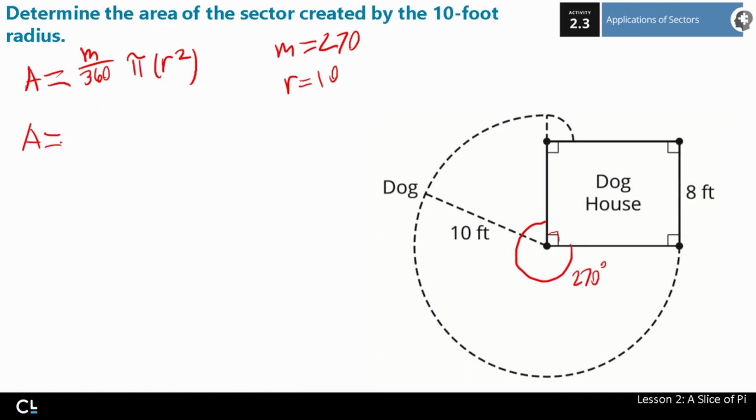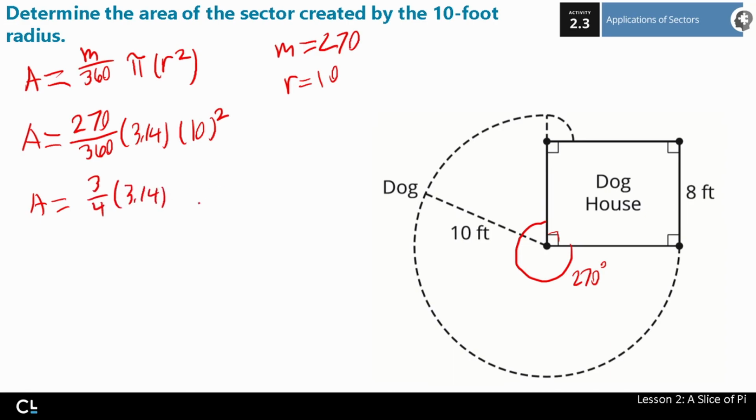So we get our area equals 270 over 360 times pi, which actually I'm going to not write pi. I'm going to put 3.14 times 10 squared. 270 over 360, we could divide both by 90. And that's going to give me 3 over 4 times 3.14. And then 10 squared, or 10 times 10, is 100.